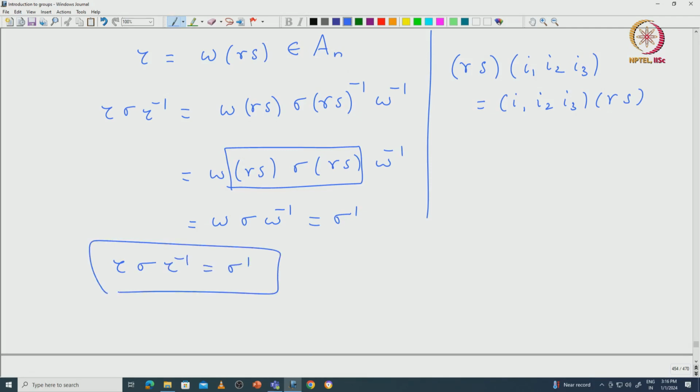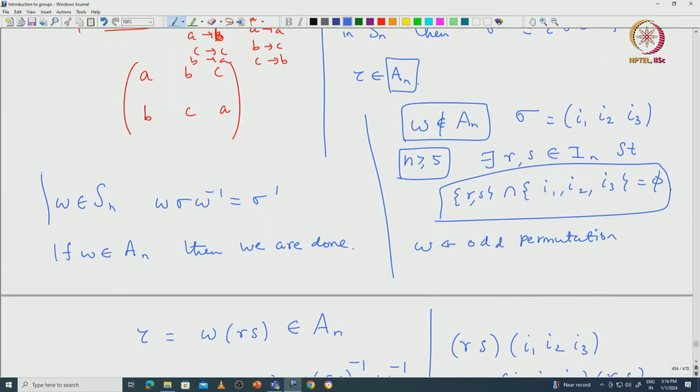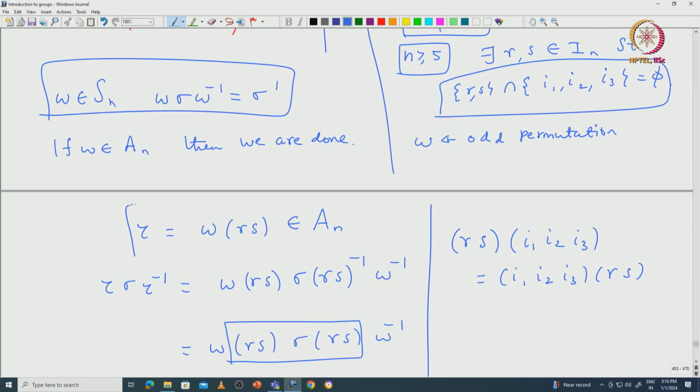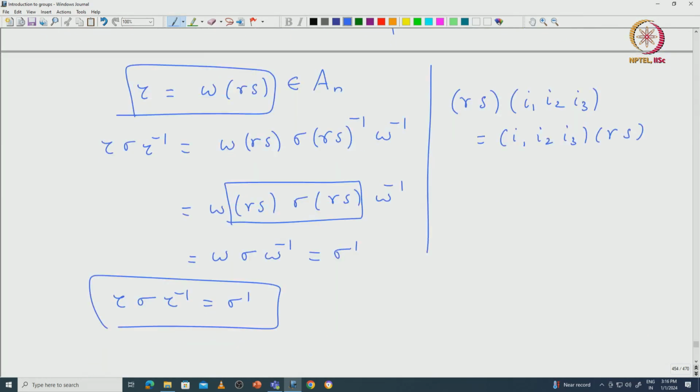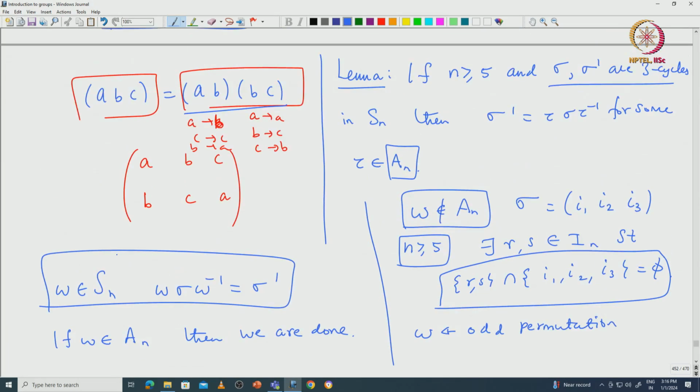So, we use the same omega that was guaranteed from the earlier result, and then just modifying it, we get some element of An such that sigma and sigma dash become conjugate under that element of An. So, this proves that any 2 3-cycles are conjugate even in An, okay, when n is greater than or equal to 5.